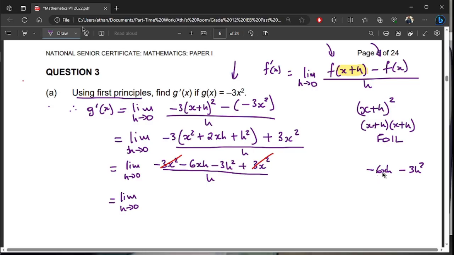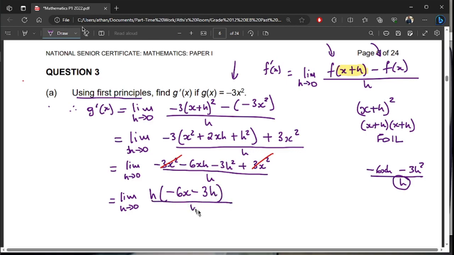Now this is what we have. I'm going to try to remove the h at the bottom there so that we will not have an undefined derivative once we plug in the value of 0 into h. I will do that by taking out a common factor of h. You are left with negative 6x minus 3h.